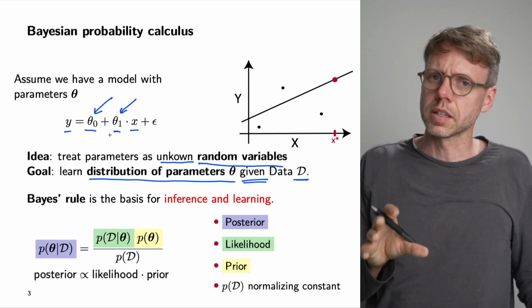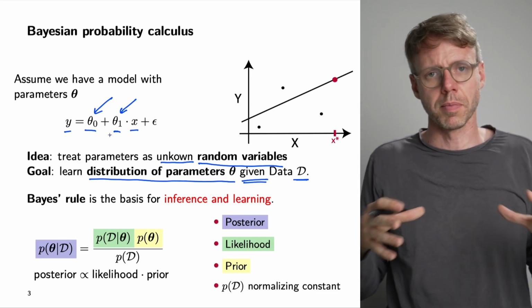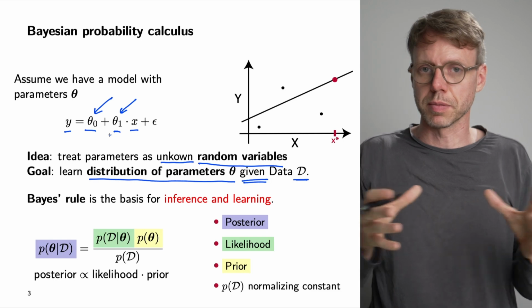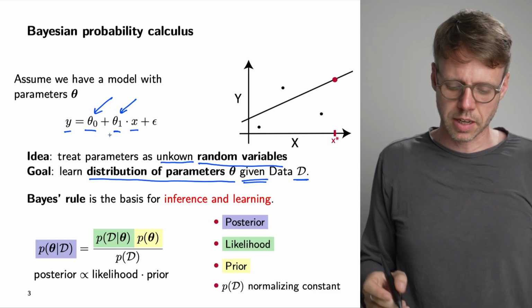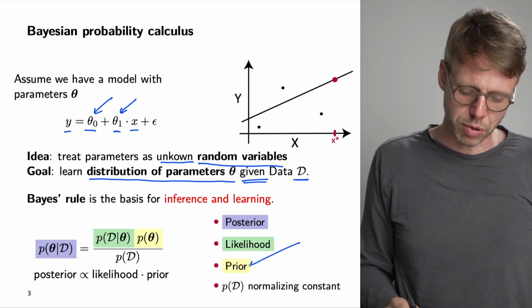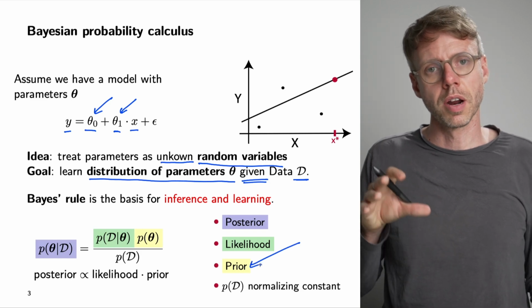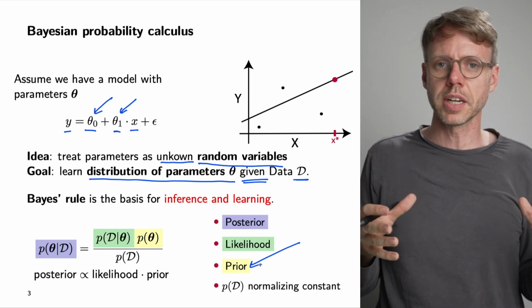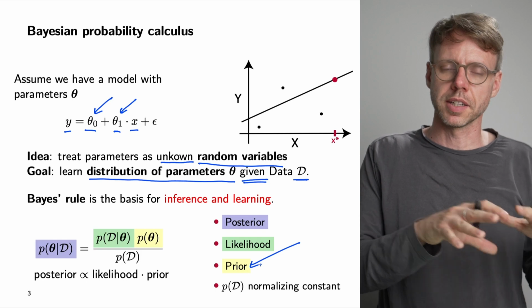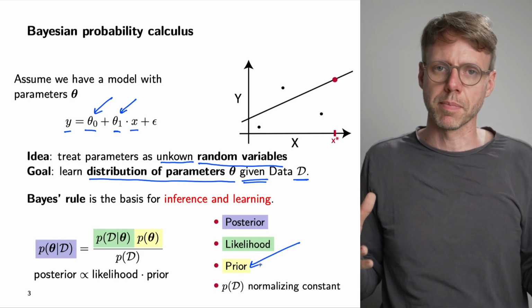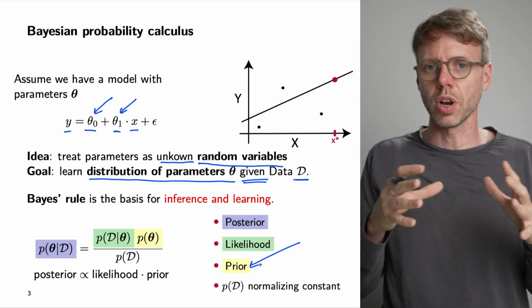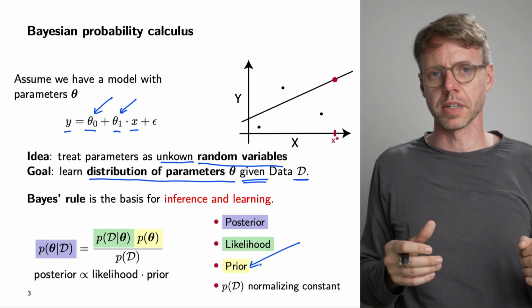And this knowledge that we want, for example, relatively small values in magnitude, we put into our prior distribution. So the prior distribution formalizes all our assumptions on the parameters, all our prior knowledge of these parameters.